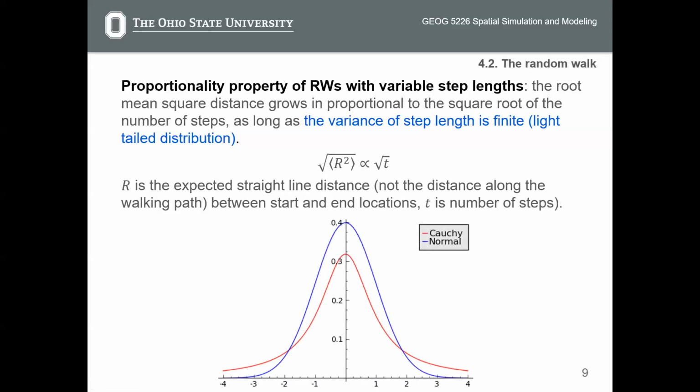Okay, and about light tail distribution and heavy tail distribution. So normal distribution here, the blue curve, is a light tail distribution. You can see that there is a tail on the right, there is another tail on the left, but they intersect with the x-axis quickly, and the tail is not too long. There is another distribution here called Cauchy distribution.